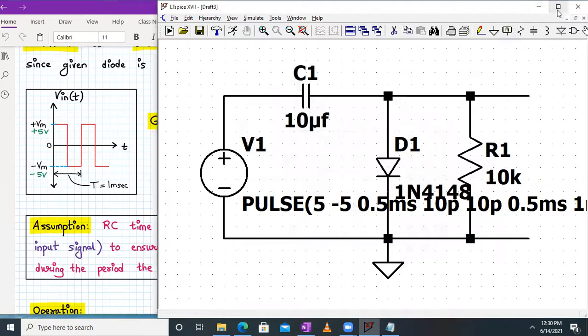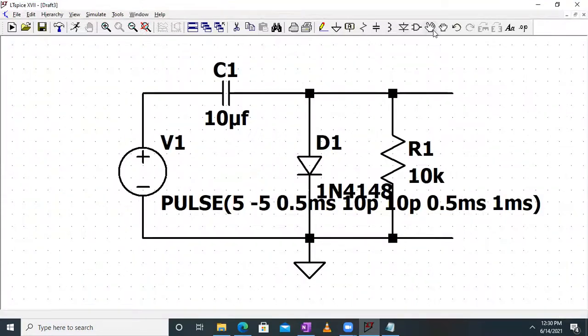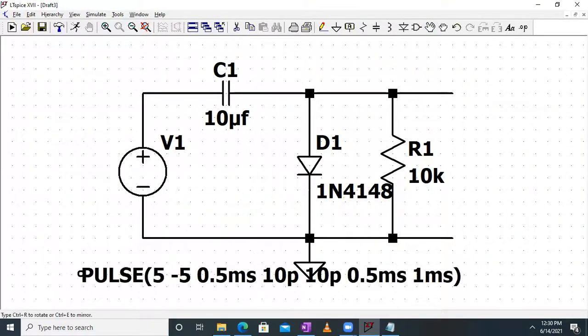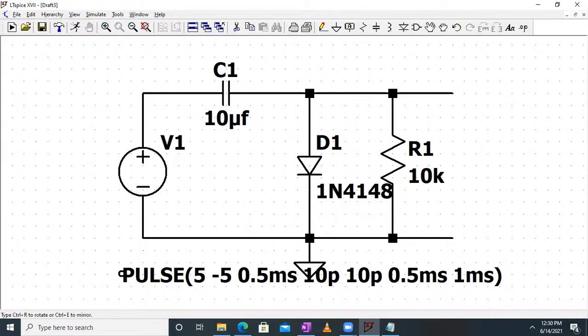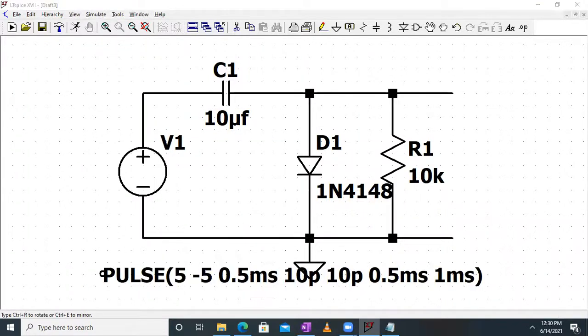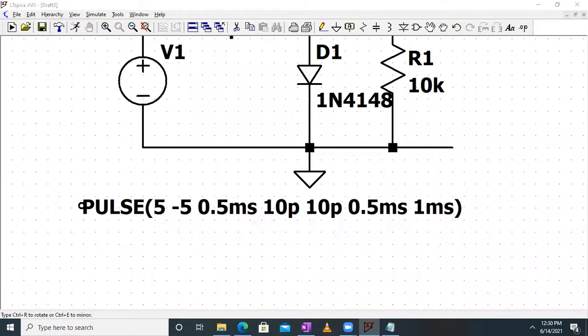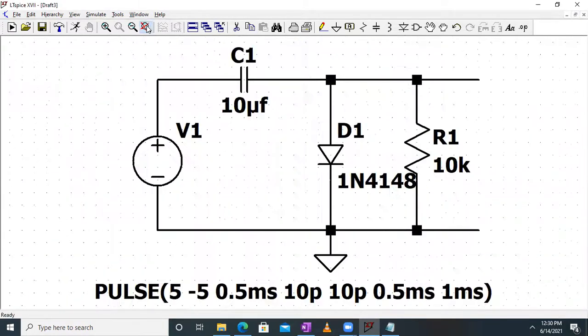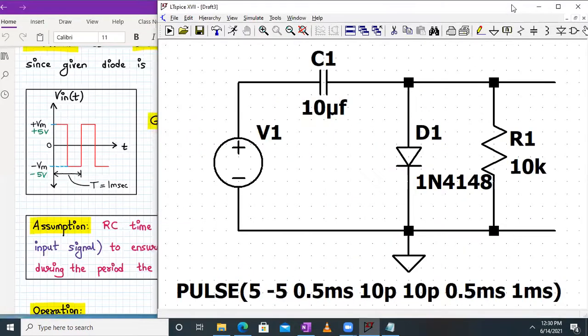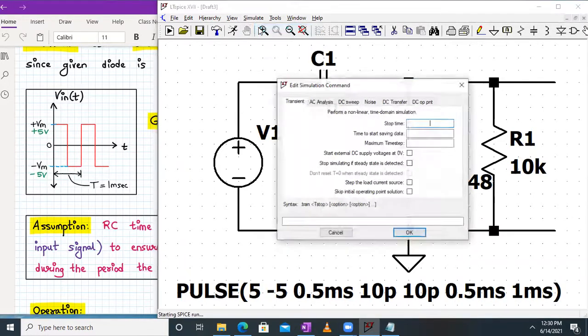Okay, so let me put it over here. Let me separate it out so that there is no confusion. Okay, so we can place it over here like this. Okay, and now we are ready to simulate. So let me go to simulate and click on run.